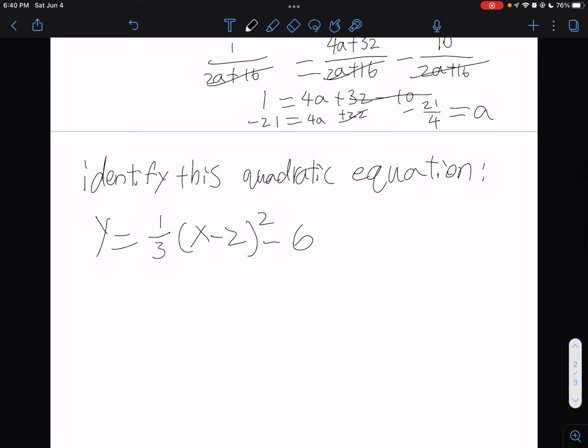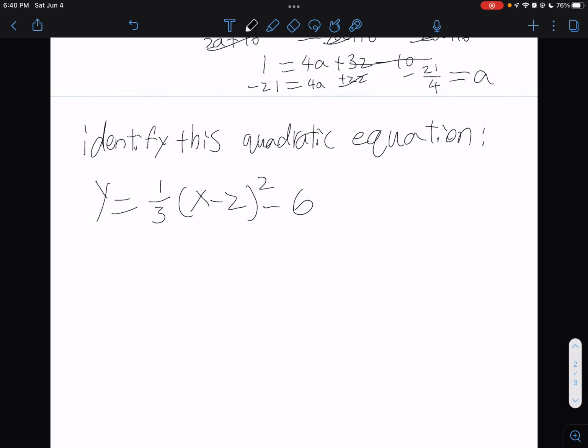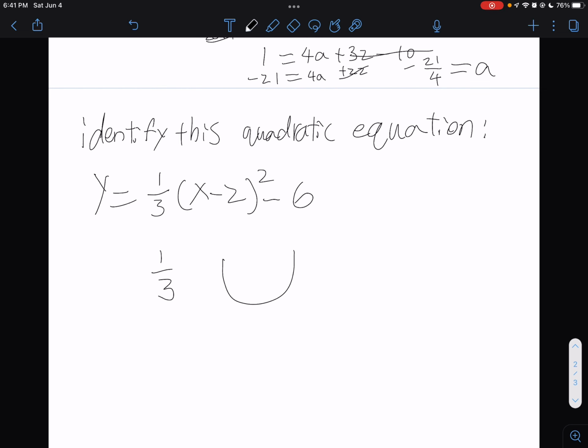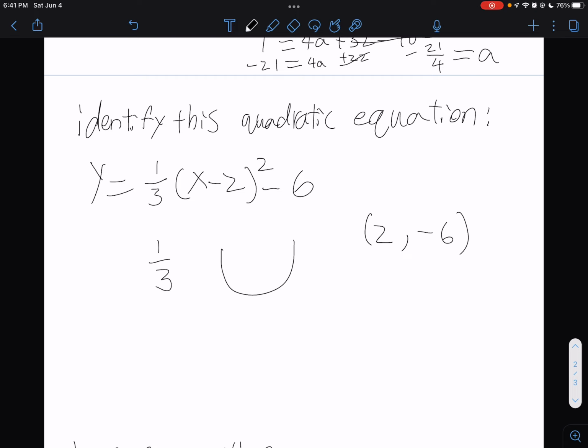Identify this quadratic equation. So as we can see, it is compressed by a factor of 1/3, and this is indeed a U-shaped parabola, going up and has a minimum value, and the axes are 2 and -6, and the minimum value is -6 when x is equal to 2.